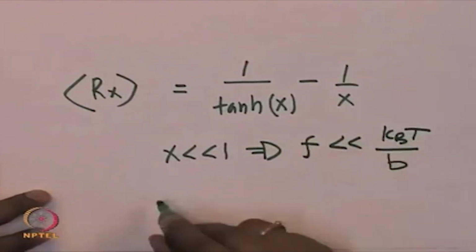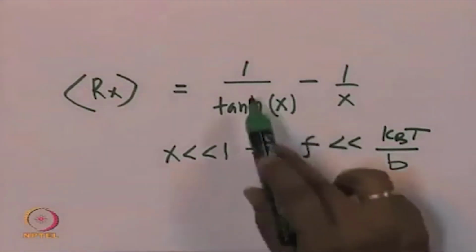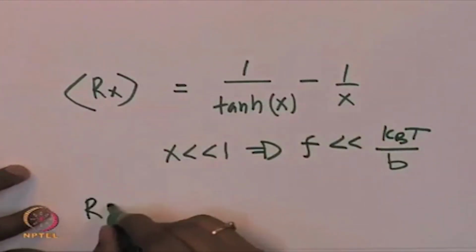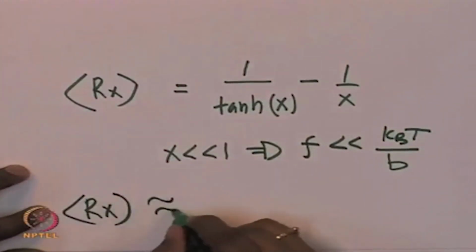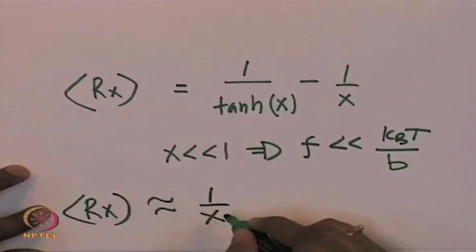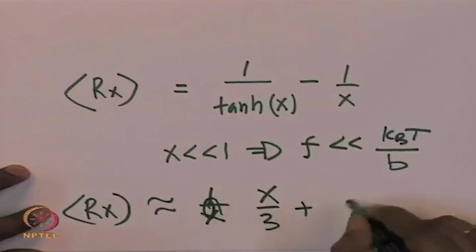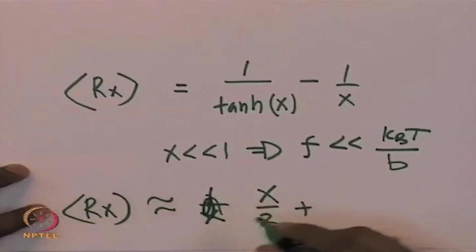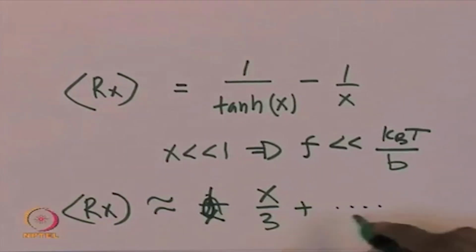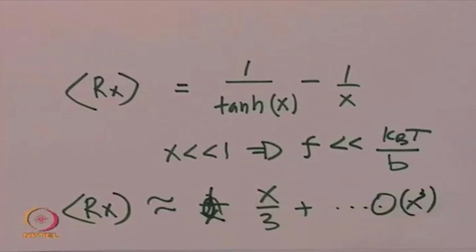If you apply a very small force, f much less than k_B T by b, that is x much less than 1, this will turn out to be R_x average approximately equal to x by 3 plus something of order x cube for small x, plus dot dot dot. So, there will be some quantity of the order of x cube.